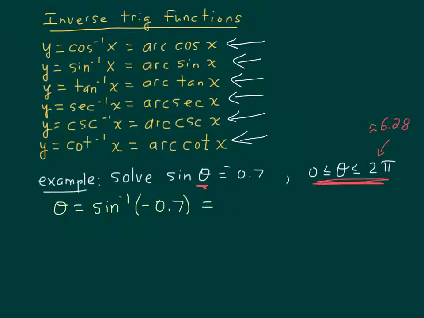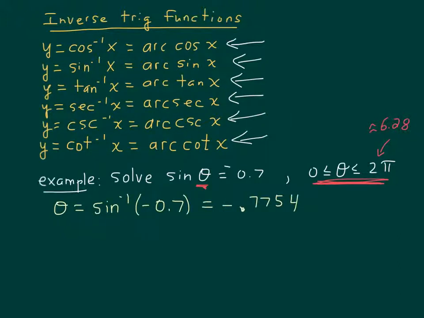Now you've seen this before, you've done it in the calculator. You'll always be allowed to use a calculator for problems such as this. So make sure you are in radian mode in your calculator and do inverse sine, so that's second sine of negative 0.7, and let's jot down what we get.